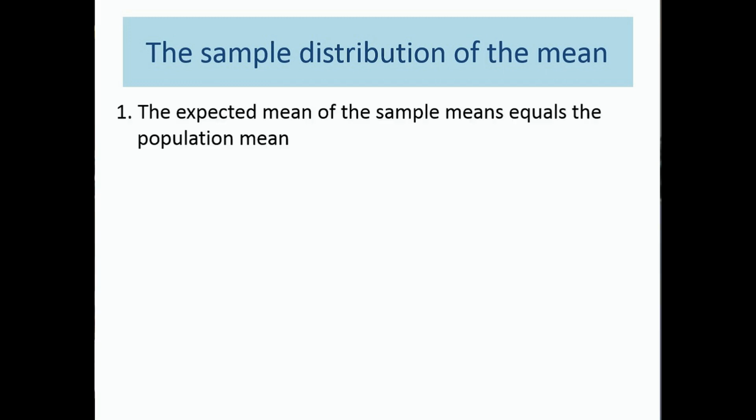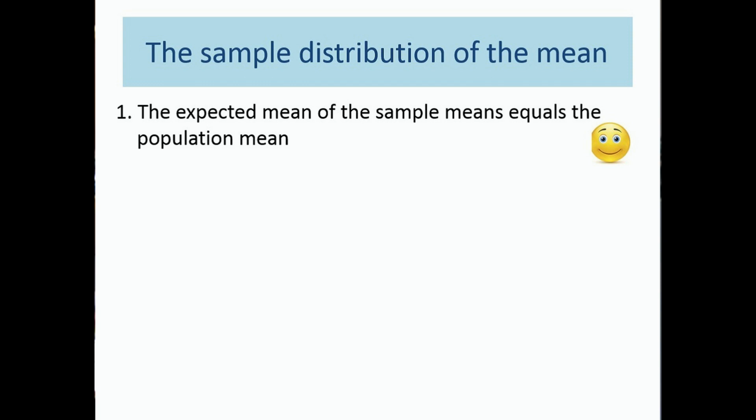To end this video, I will show you why the normal distribution plays such an important role in statistics. Here is some information about sample means. If we take a random sample, we expect the sample mean to be close to the population mean. If we were to take several samples and we calculate the mean of all sample means, then we expect this mean to be even closer to the population mean.